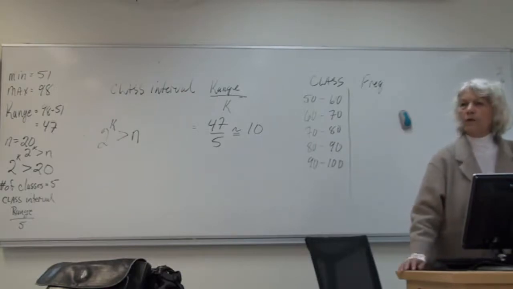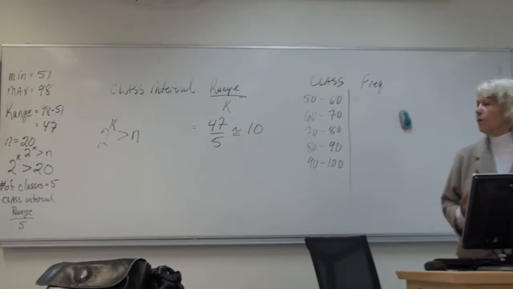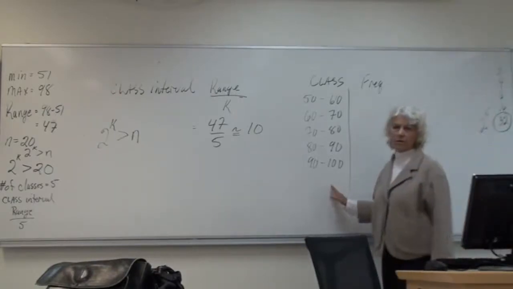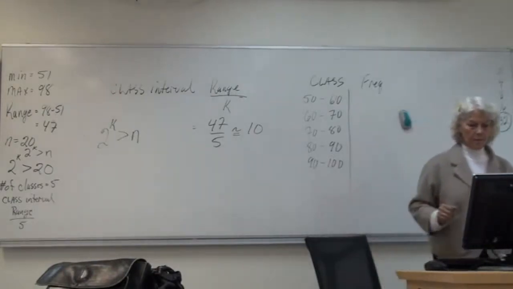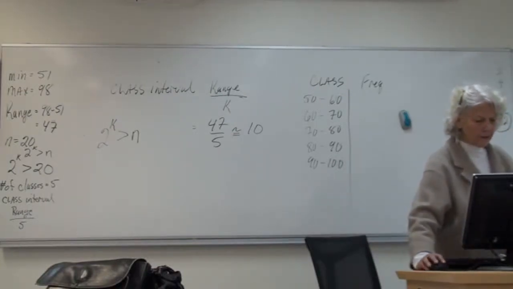We want it to go up in classes of 10, or in groups of 10. We've decided that here. And my rule of thumb is taking half the data and making that y max.